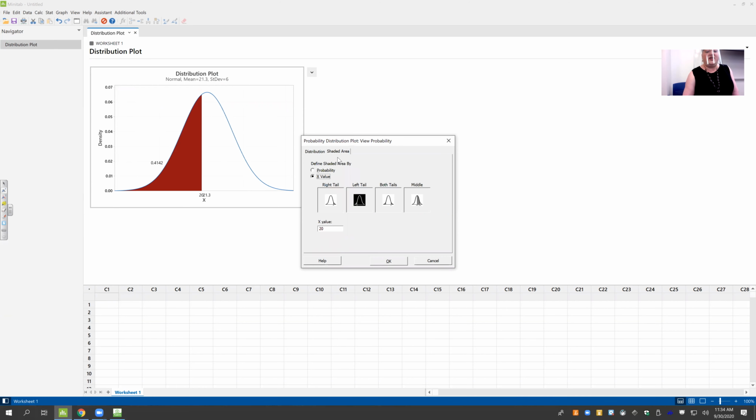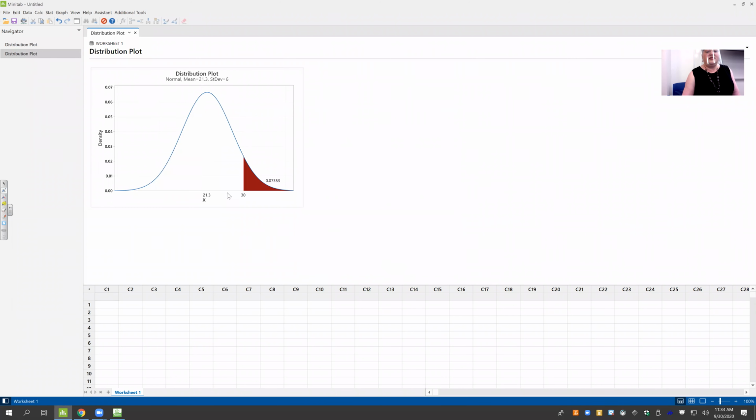My shaded area by an X value, but this time it's a right tail, and my value is 30. And I click OK. And a different graph appears on the screen, and we're looking at that decimal value that's written above the curve. It's this value right here.